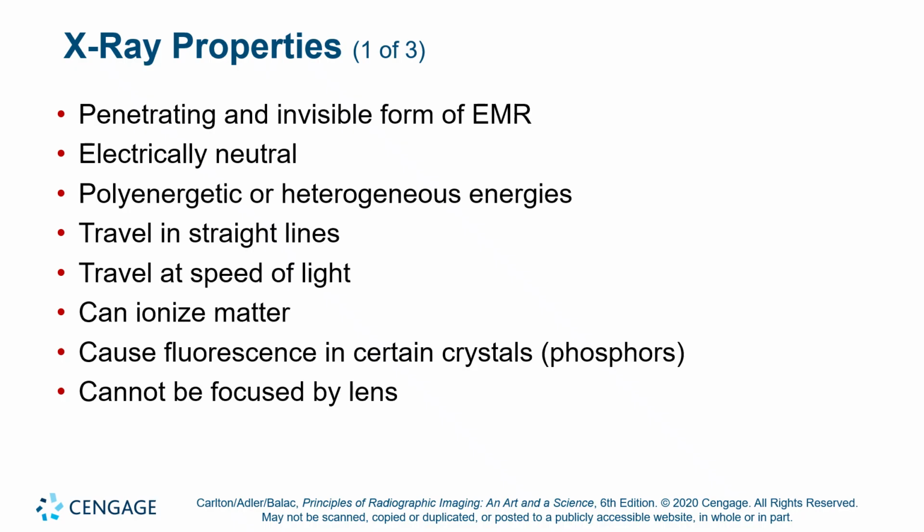X-rays are a penetrating and invisible form of electromagnetic radiation. They are electrically neutral, so they don't have a charge. Photons are not charged. They have polyenergetic or heterogeneous energies, and so X-ray photons are a range of energies, light photons are a range of energies.